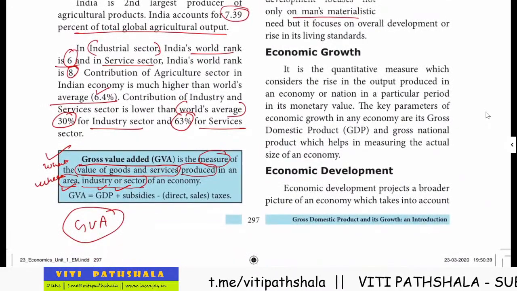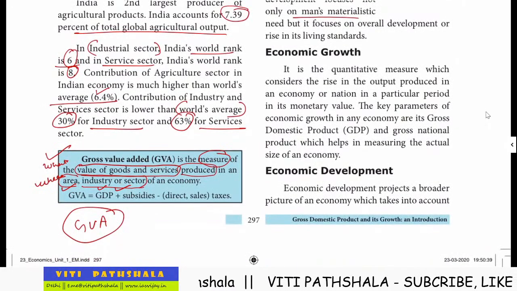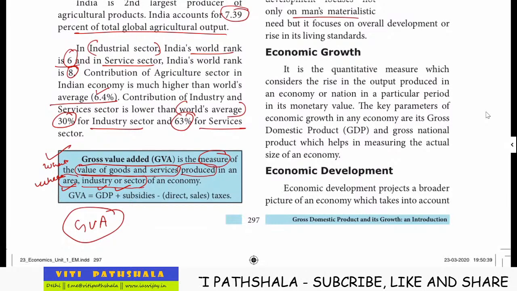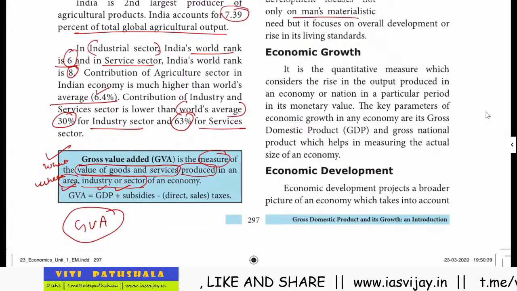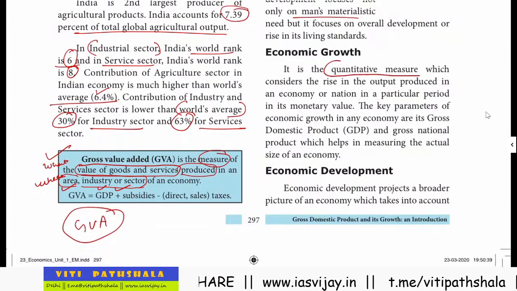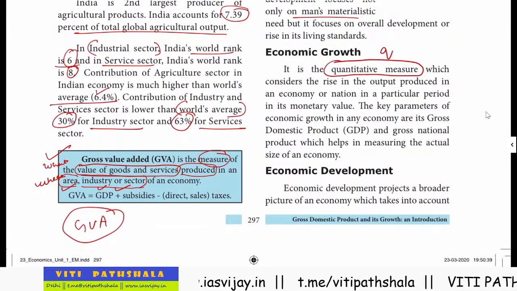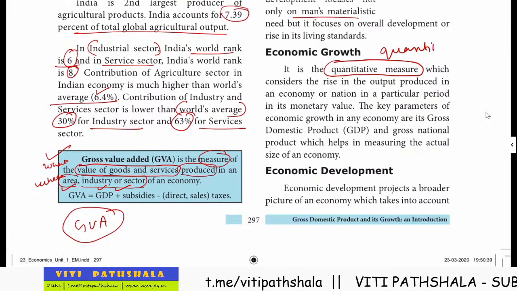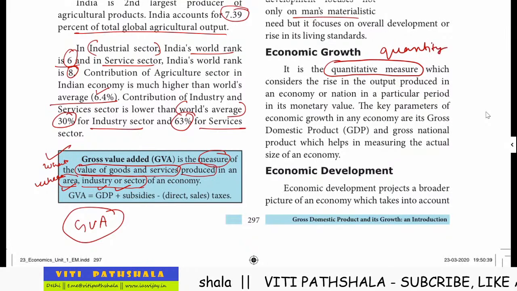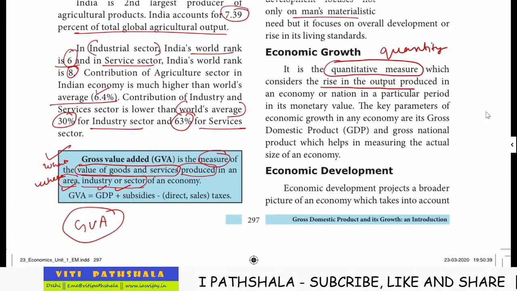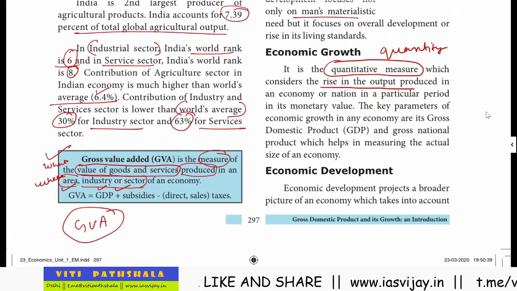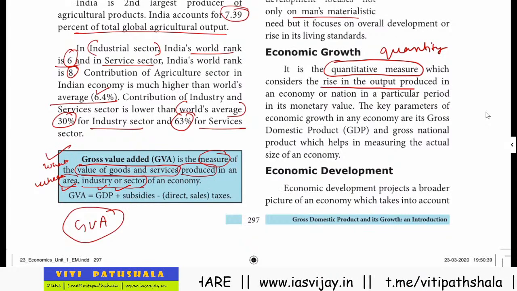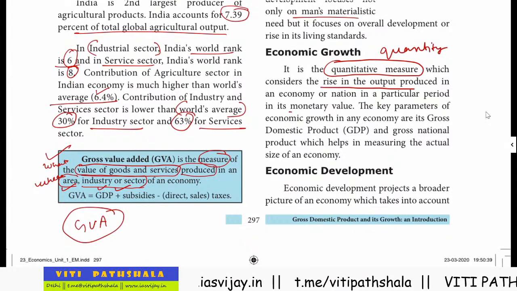Now, what do you mean by economic growth? It is a quantitative measure. You have to remember that economic growth is quantitative. It measures the quantity, which considers the rise in the output produced in an economy or nation in a particular period in its monetary value.